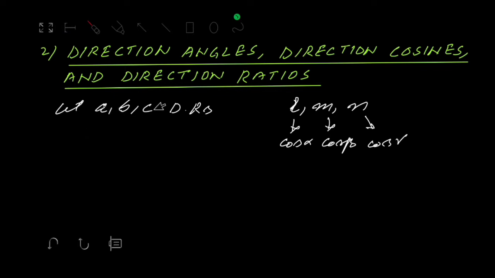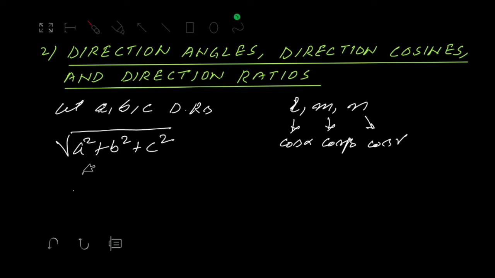So suppose a, b, c direction ratios are given and we need to find direction cosines. Then the way to convert direction ratios into direction cosines is simply to divide each and every direction ratio by square root of sum of squares of direction ratios. That means if each and every direction ratio is divided by under root a square plus b square plus c square, these direction ratios will turn out to be direction cosines.